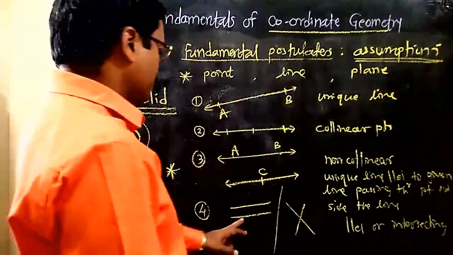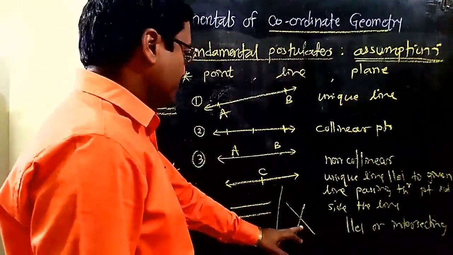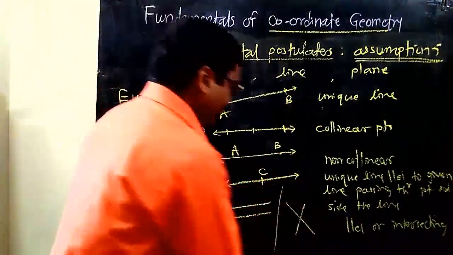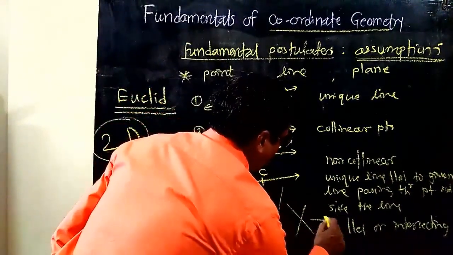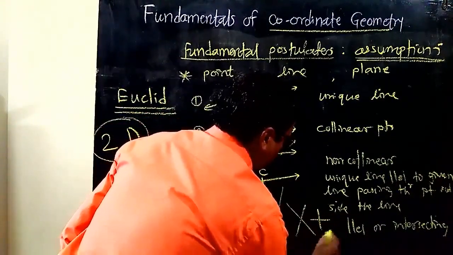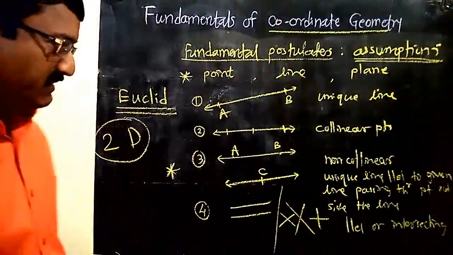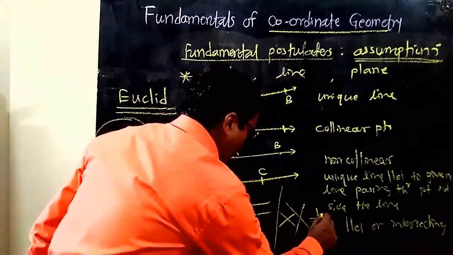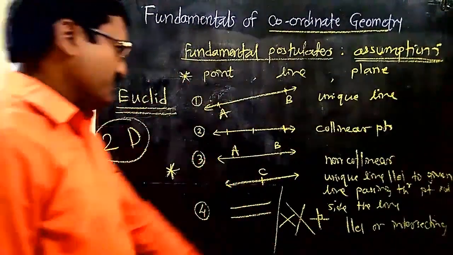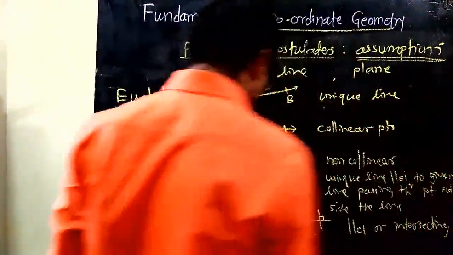So, if you take any 2 lines, then they may be parallel or intersecting. This intersecting contains the perpendicular lines. Means these 2 lines may be like this or maybe like this. Intersecting lines. So, the concept of perpendicular lines is included in the intersecting lines.